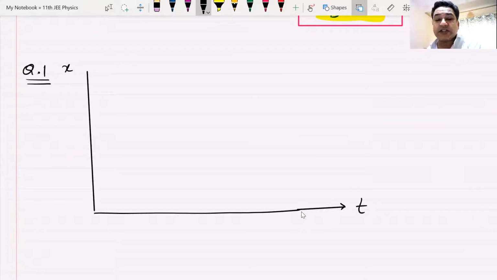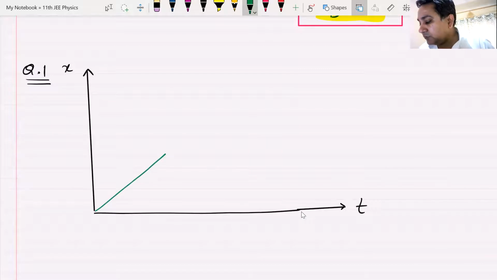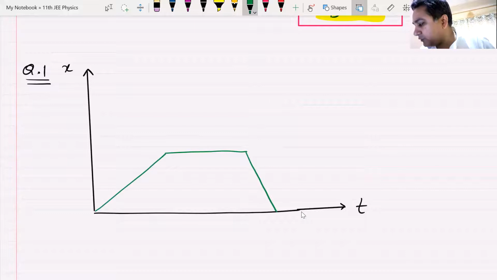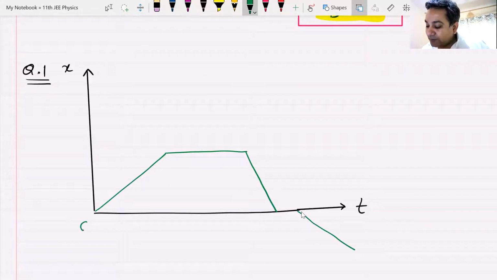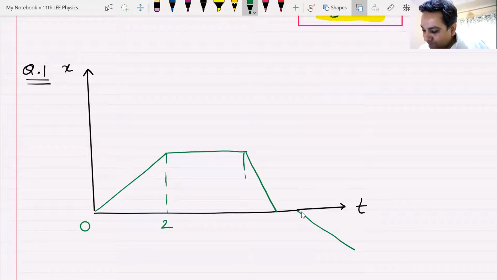Okay, so this is an x-t graph that I have drawn for a particle, and the x-t graph looks like this. Here the time is 0. Here the time is 2 seconds.